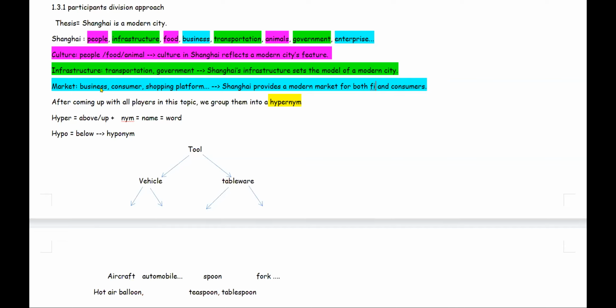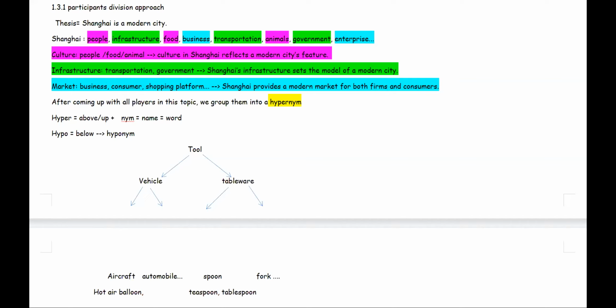For both firms. All right, so now let's see, we have three groups, right? You see the logic right here? As soon as we identify the participants, all the players, we group them into a hypernym.